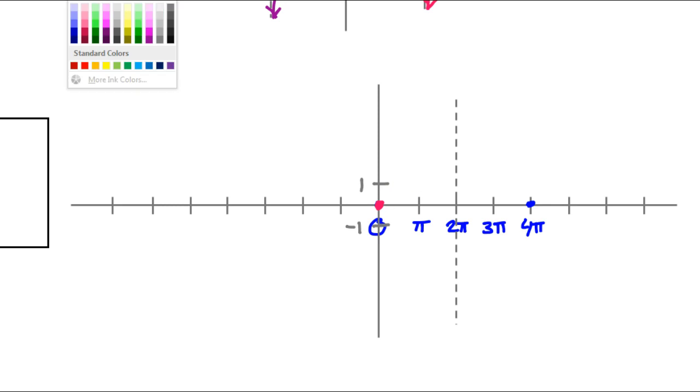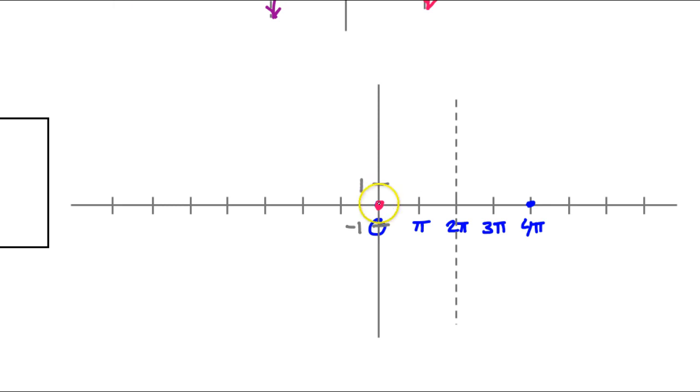That comes into play as I graph because as I'm rising towards the asymptote, halfway over it should be at the a value. So it should be rising, but it should pass through this point as I go.